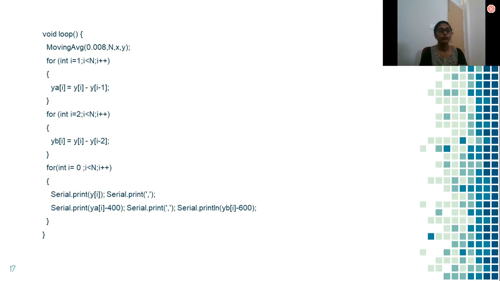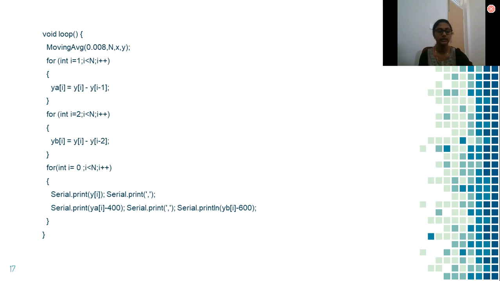We do this averaging function before passing the samples into the derivative filter, because there are very high peaks, that is the noise, and we have to get rid of that. The first for loop indicates the first order derivative filter, and the second for loop indicates the 3-point central difference derivative filter.